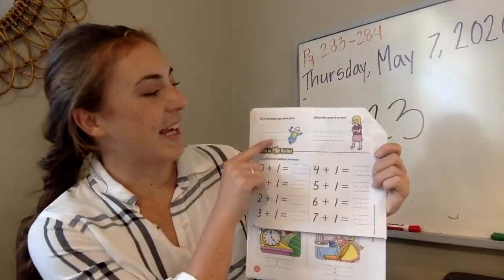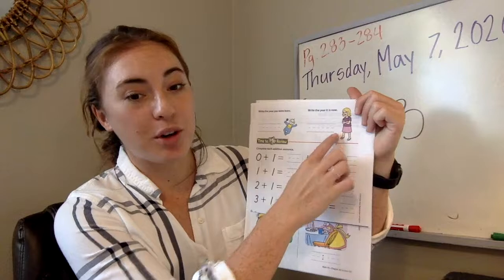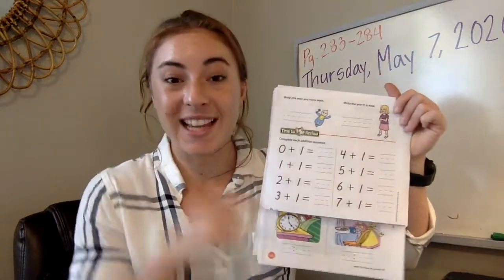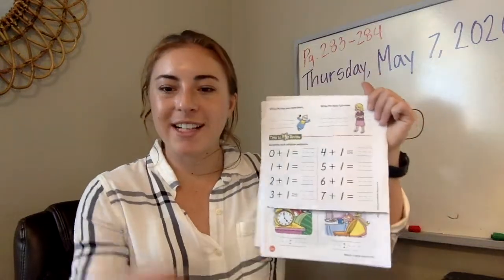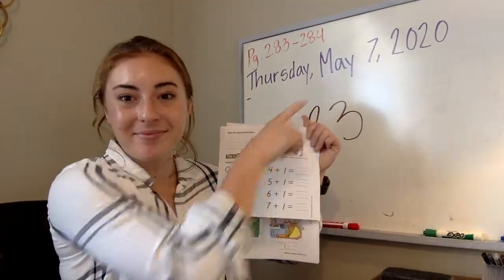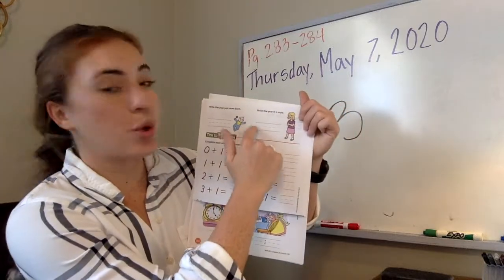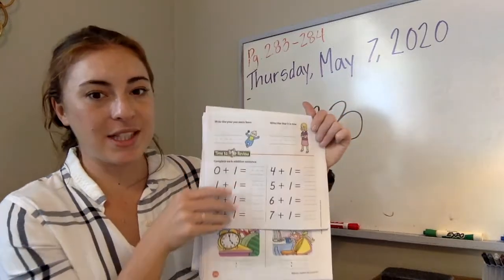On this side, you're going to write the year that you were born, right here. And then here you're going to write the year that it is right now. Do you remember what year it is right now? You can peek at my calendar. 2020. So you're going to write 2020.